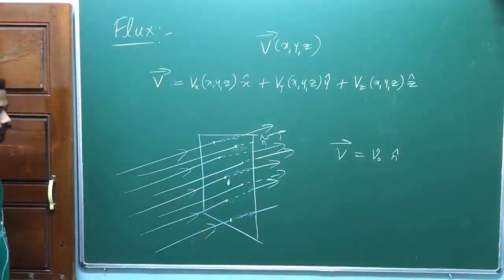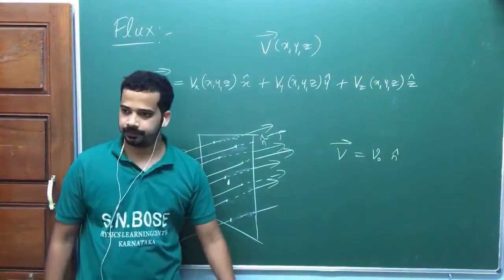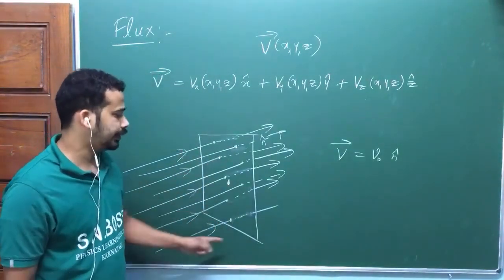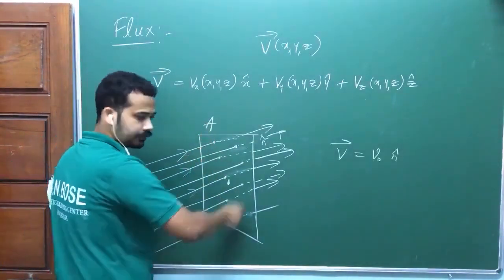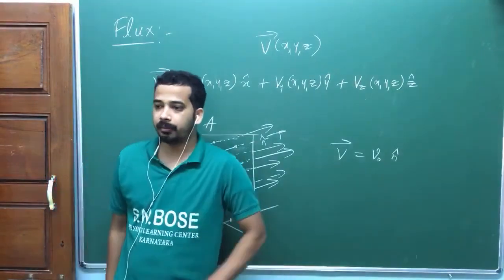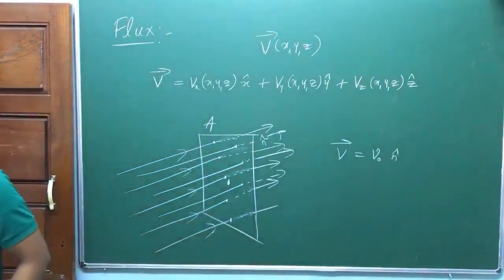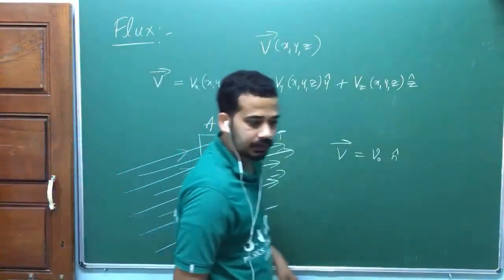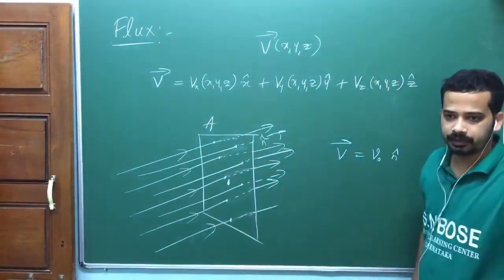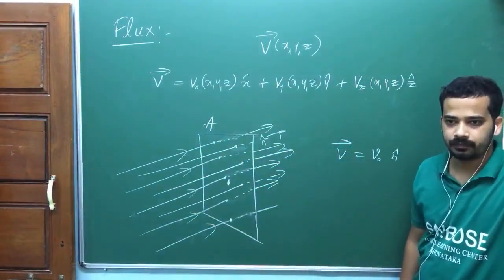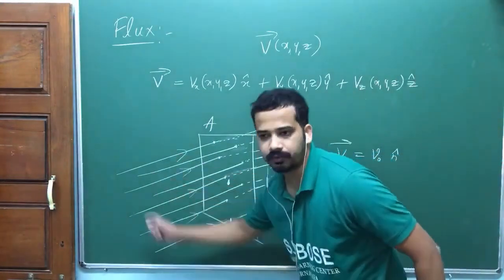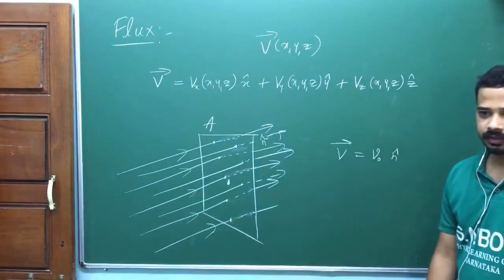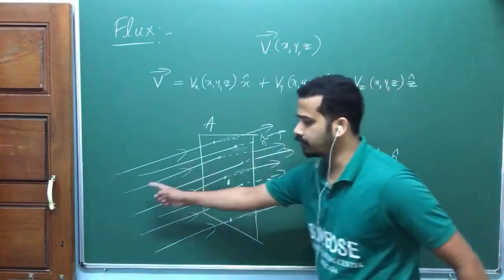Now I need the number of field lines passing through this area. Let me take the total surface area A. I need the number of field lines passing through that area, or some proportionality factor which gives it. These are representations of a vector field, so it all depends on how many field lines you draw.